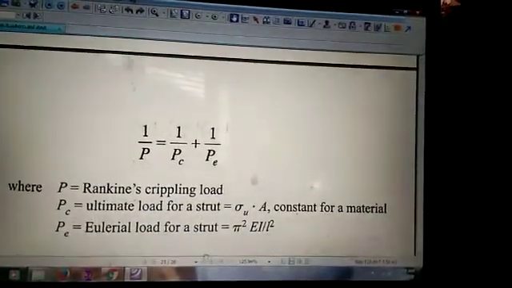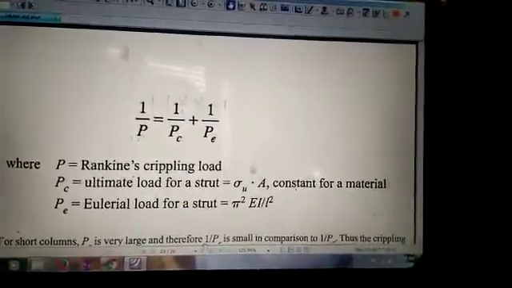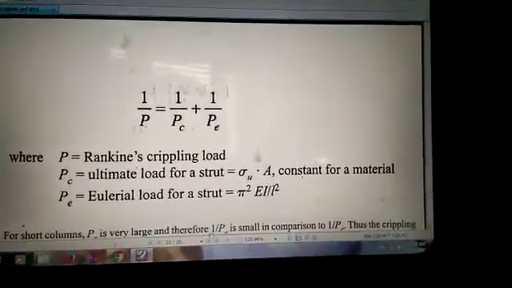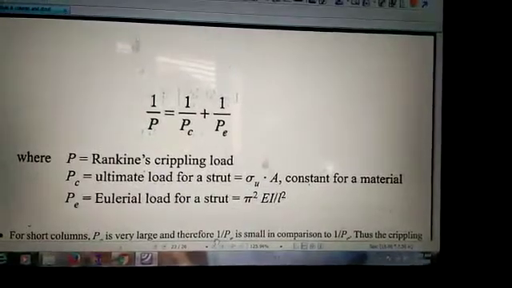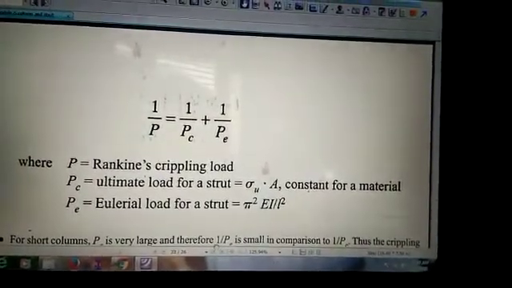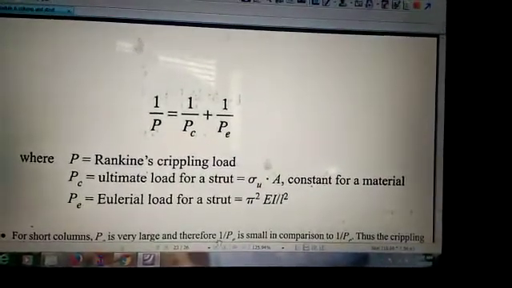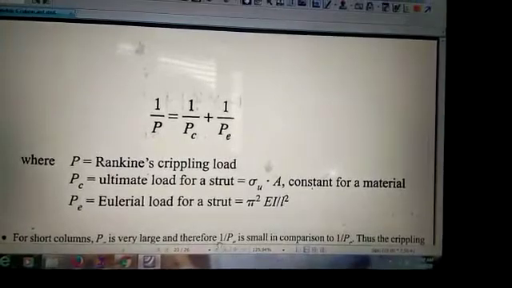What is the empirical relationship? It determines the relationship between P, PC and PE. What is P? The capital P is considered as Rankine's crippling load.